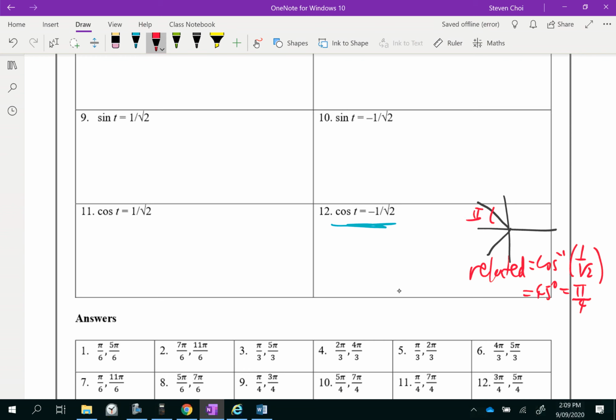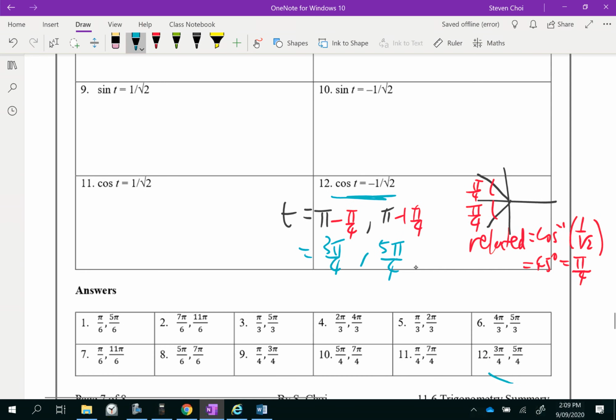So put pi over 4, pi over 4. And to get t, you do pi minus pi over 4 or pi plus pi over 4. And then you end up with 3 pi over 4. It's like 1 minus a quarter or 1 plus a quarter. And if I check the answer, I've got it right.